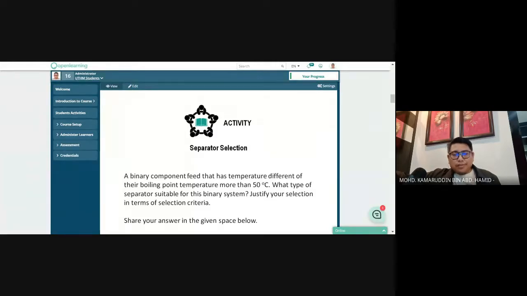What type of separator is suitable for this binary system? Please justify your selection.